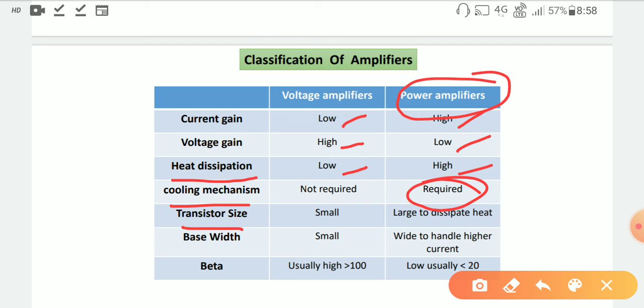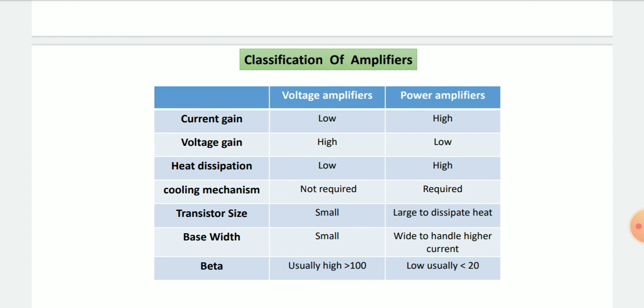Transistor size for the voltage amplifier is small. At the lab you have already seen that, and you also visited some typical power amplifiers at lab time. That one is larger than the voltage amplifier. The transistor size for the power amplifier is large because you have to dissipate the heat energy.